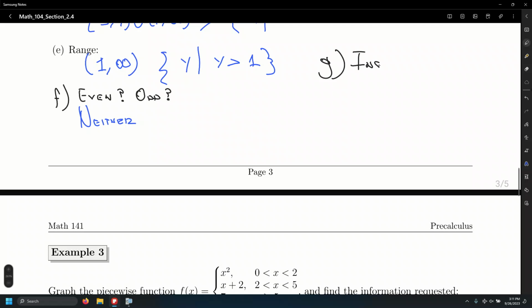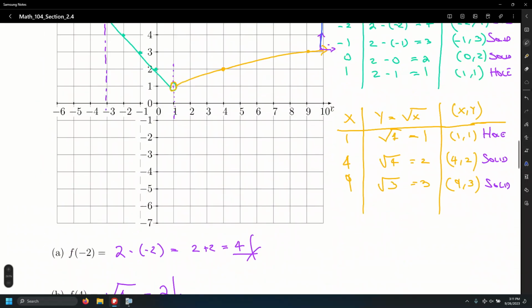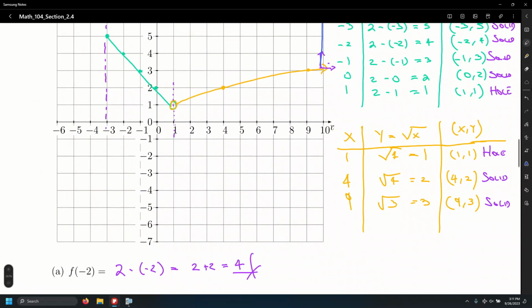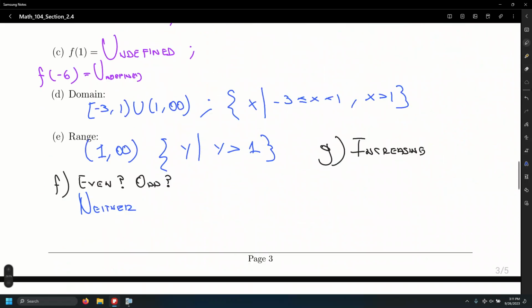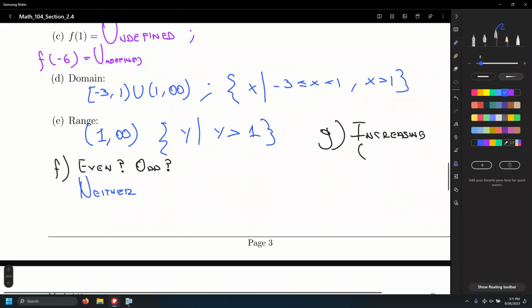And let's see about increasing. What is the interval at which the function is increasing? Parentheses 1, comma, infinity, that's correct. Increasing for 1 to infinity.